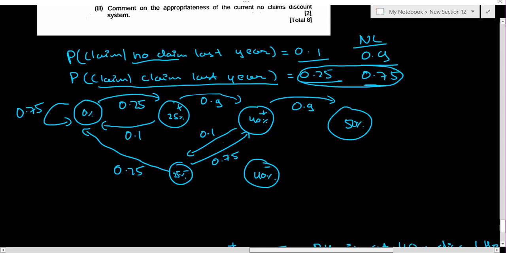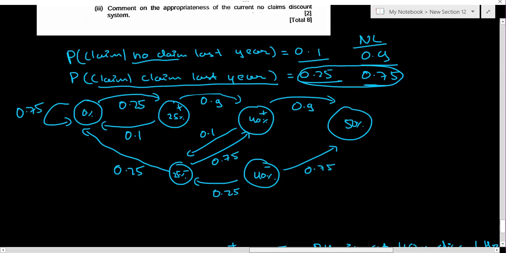Now if you are in 40% minus, this indicates that you had made a claim last year. So you move ahead with a probability of 0.75, and you move back to 25% minus, of course, because whenever you move back you go to a minus state, and this probability would be 0.25, because you had made a claim last year.